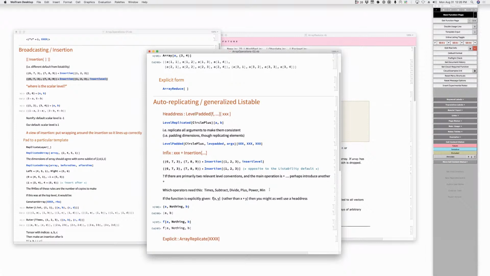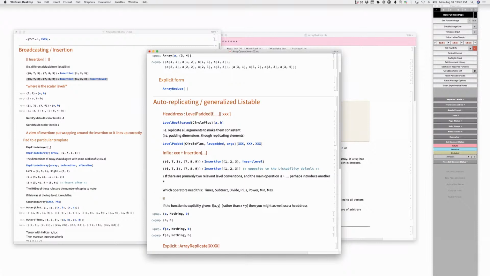Well, min, max, but you know these are not very obvious what to do with them, because what you're saying is, for example, that you want to be able to do something like this. You know, this thing here, right? So in this case, listability is what you want to be able to do.